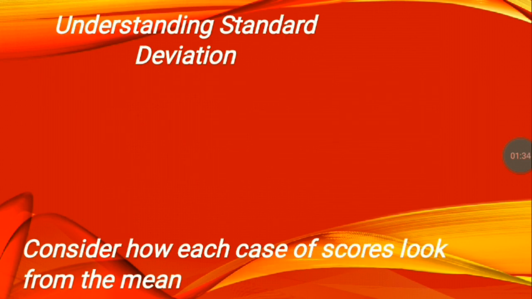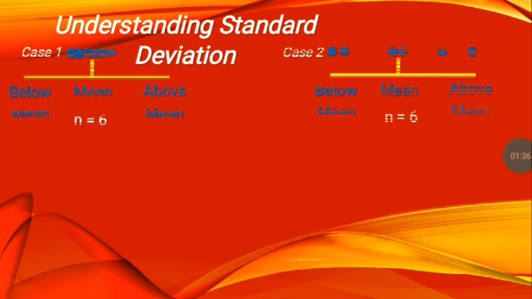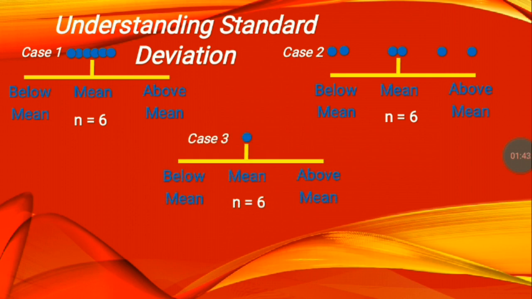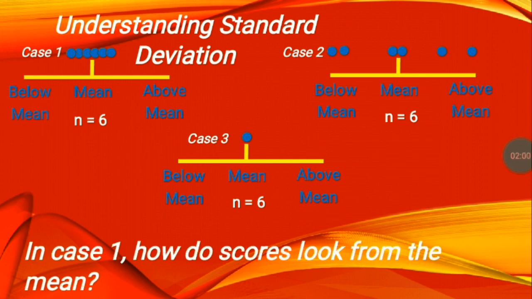Now, to understand the concept of standard deviation further, let's have an example. Let's have three cases: case number 1, case number 2, and case number 3. Considering that n is equal to 6, or the number of cases or observations is 6 in all 3 cases, let's observe how the scores look from the mean.